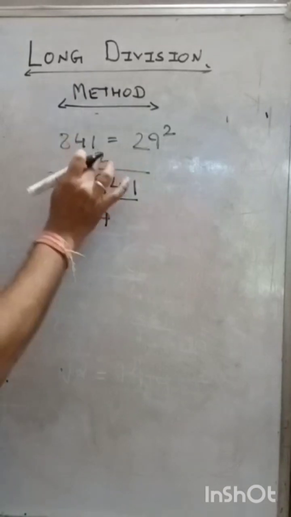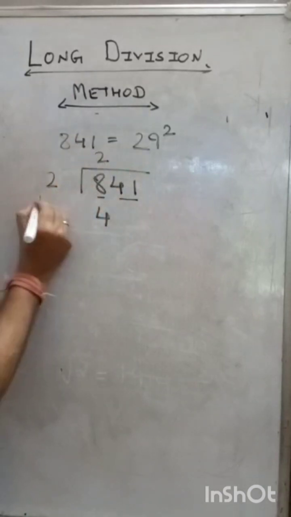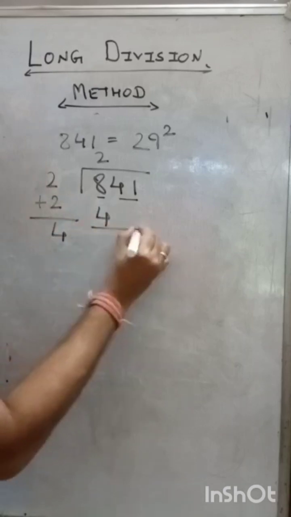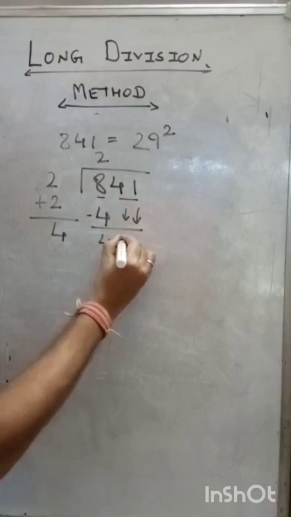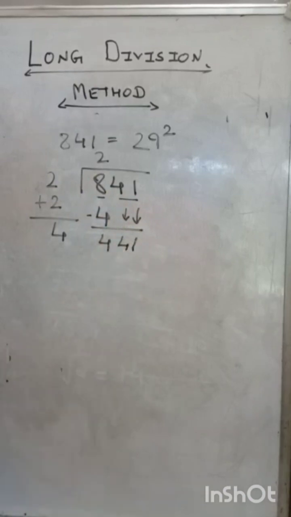Now again you have to put this quotient here and add it. 2 plus 2 is 4 and your difference is 4. 4 and 1 will come down, 441. Now you have to find out at what number 441 will come. So there are two numbers, 41 and 49. If you multiply 41 into 1, you get 41, which is much smaller than 441.